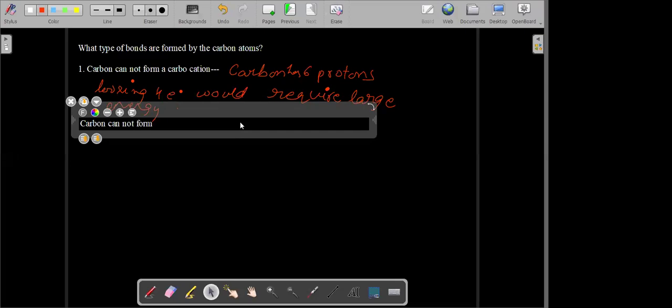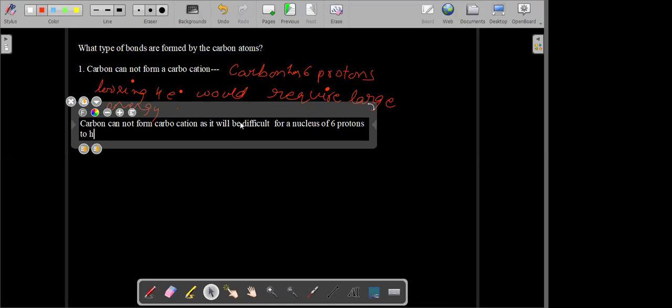So carbon cannot form a carbanion as it will be difficult for a nucleus of 6 protons to hold 10 electrons.